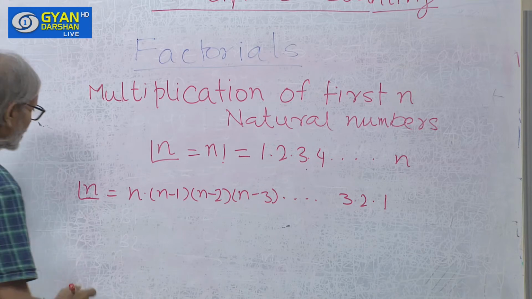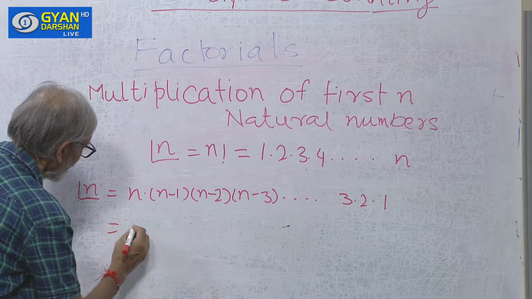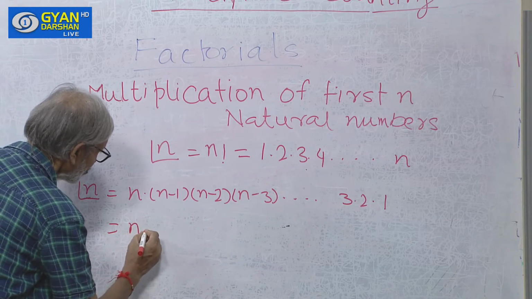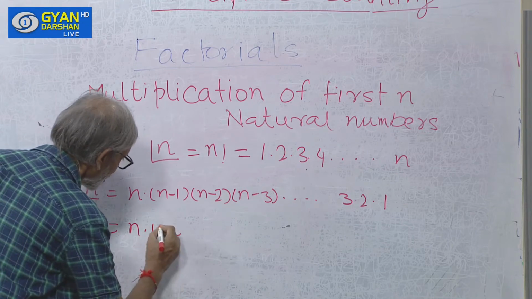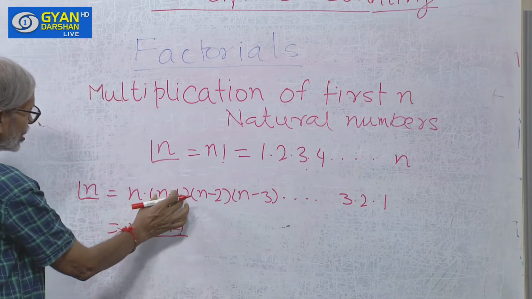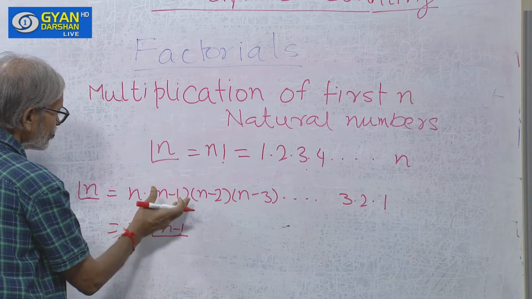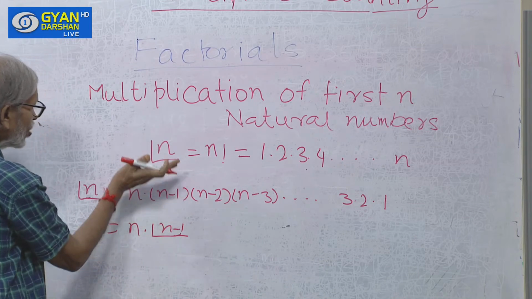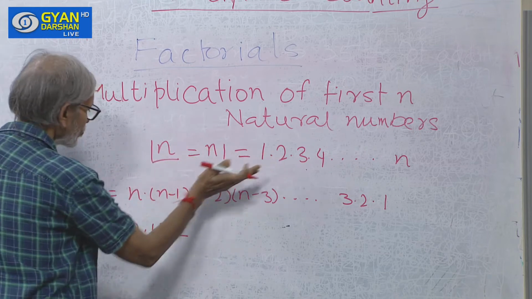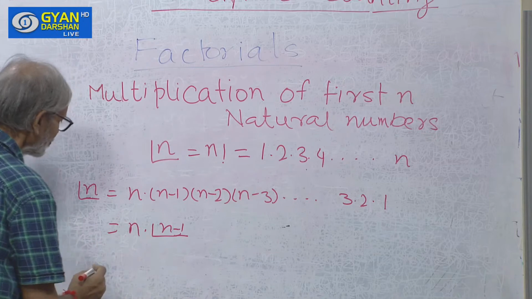So, this means that we can also write it as n into factorial n minus 1. You see, because this is n minus 1, n minus 2, n minus 3, according to this definition, this will become factorial n minus 1.